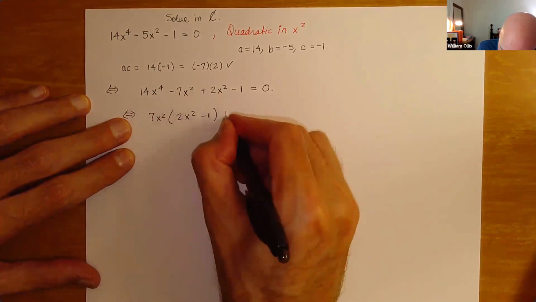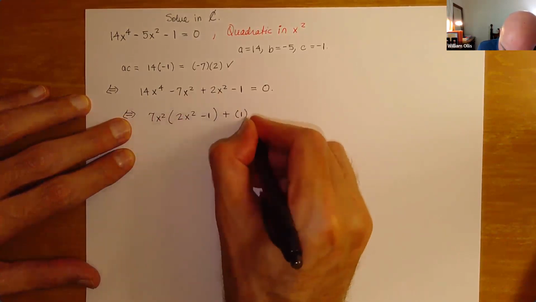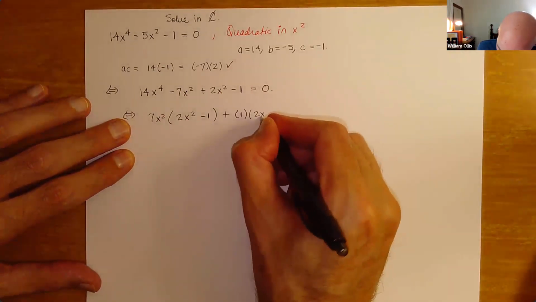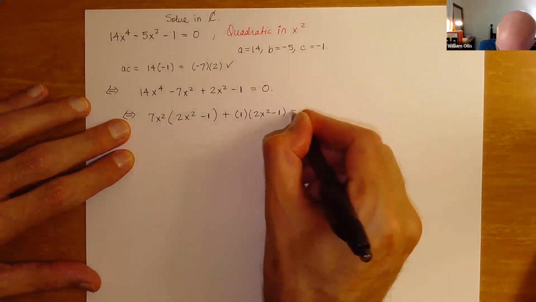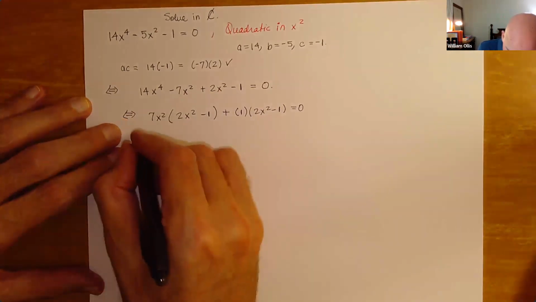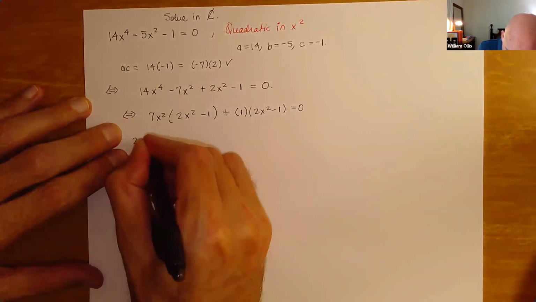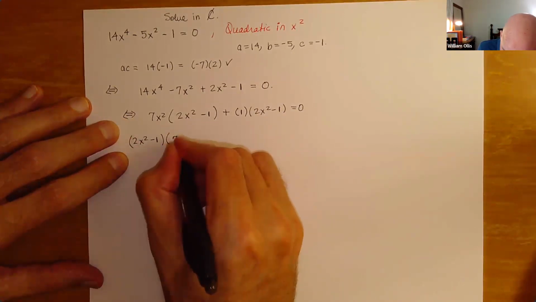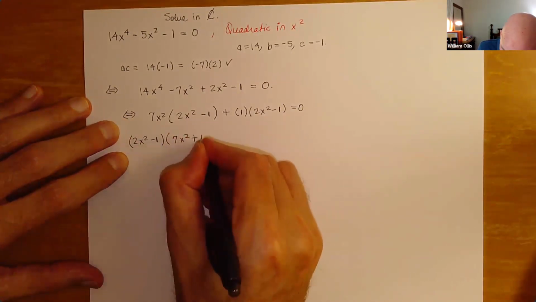And then, of course, we have the same thing over here. So I'll just put a shadow 1 in front of it. So now we have 2x squared minus 1 times 7x squared plus 1.